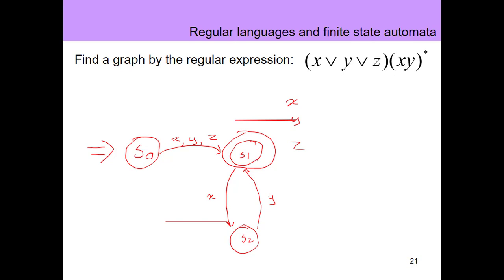So after I reach the end state, I can continue as often as I like with an X followed with a Y. So now I get the words, for instance, starting with a Z, XY, XY, XY, or X and only once XY. So all of these possibilities are correct words in this language.